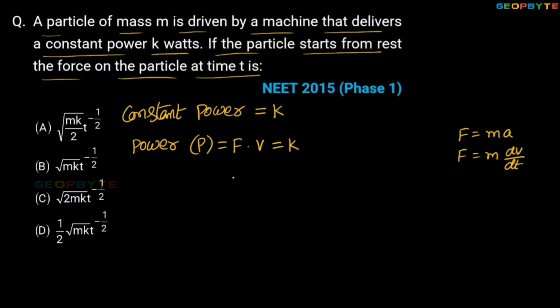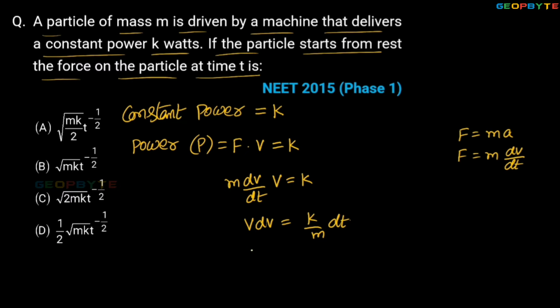So in place of force, I can write m into dv by dt into v equal to a constant. From this, I can write v dv equal to k by m into dt.